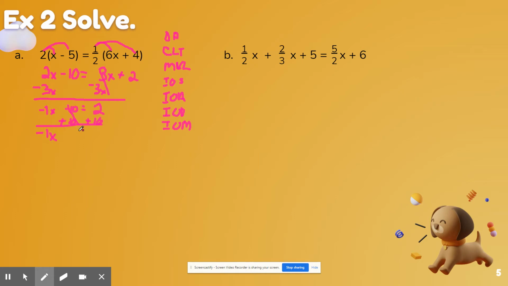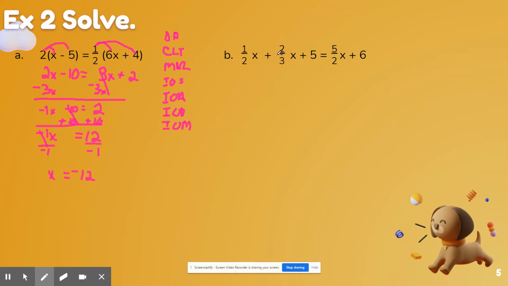The 10s cancel. Equal sign drops down. 2 plus 10 is 12. And then we're going to divide both sides by negative 1. The 1s will cancel. X drops down. 12 divided by negative 1 is negative 12. And then we'll move on to the next problem.